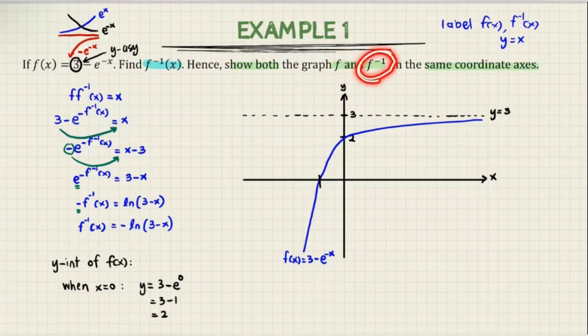Okay. So f inverse will actually reflect our function on the line y equals x. So I use the red color.